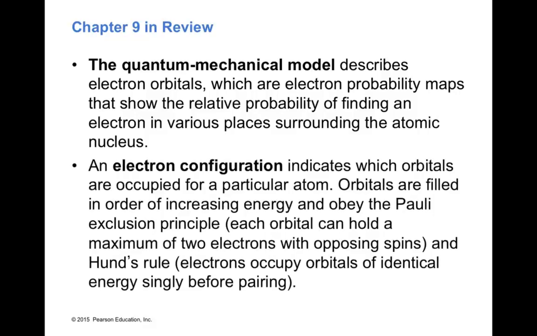An electron configuration indicates which orbitals are occupied for a particular atom. Orbitals are filled in order of increasing energy and obey the Pauli exclusion principle. Each orbital can hold a maximum of 2 electrons with opposite spins. And by Hund's rule, electrons occupy orbitals of identical energy singly before pairing.